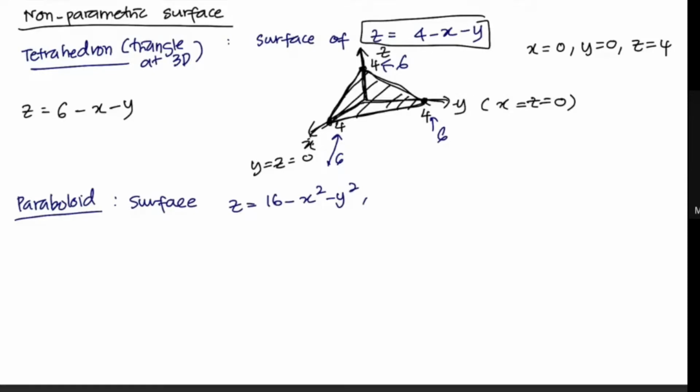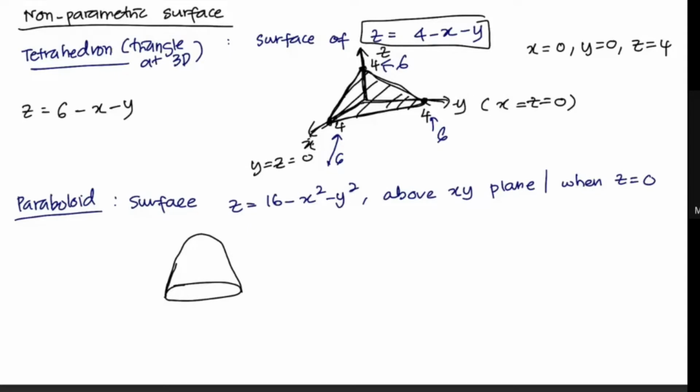And we have extra information: above xy plane, or when z equal to 0, it refers to the same meaning. Okay, this is paraboloid. It is different from hemisphere. Hemisphere is half of sphere.